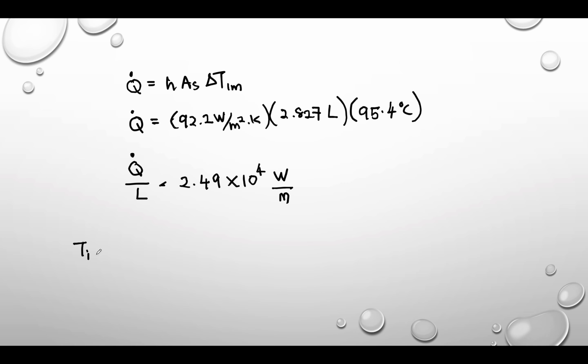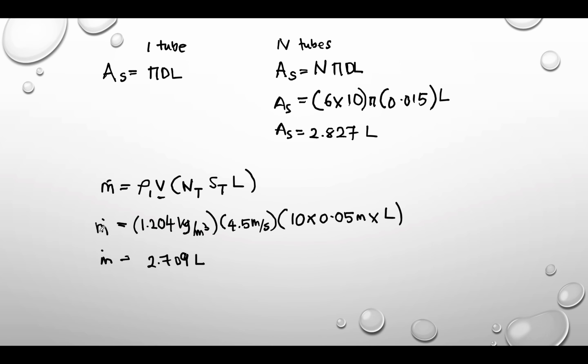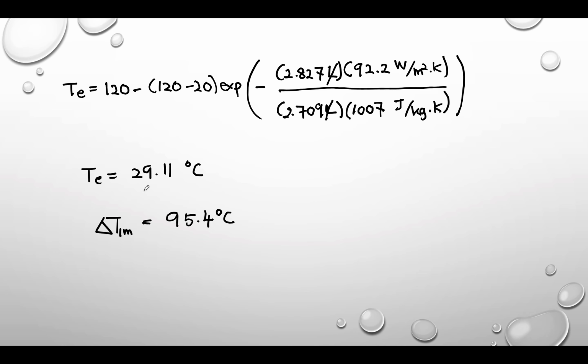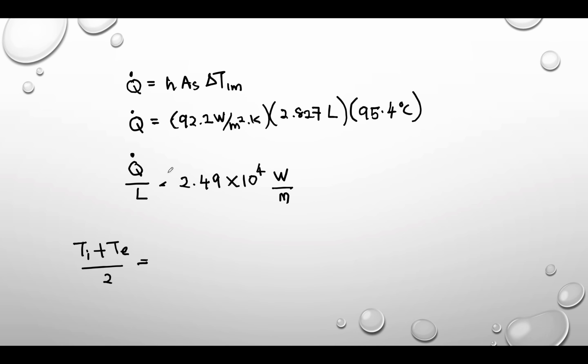This is for degree level. For diploma level, your T exit will be given. So Ti plus T exit divided by 2. This T exit is from your calculation; you already calculated that T exit is equivalent to 29.11. So you add both values: 20 plus 29.11 divided by 2, and you will get around 24.6 degrees Celsius.